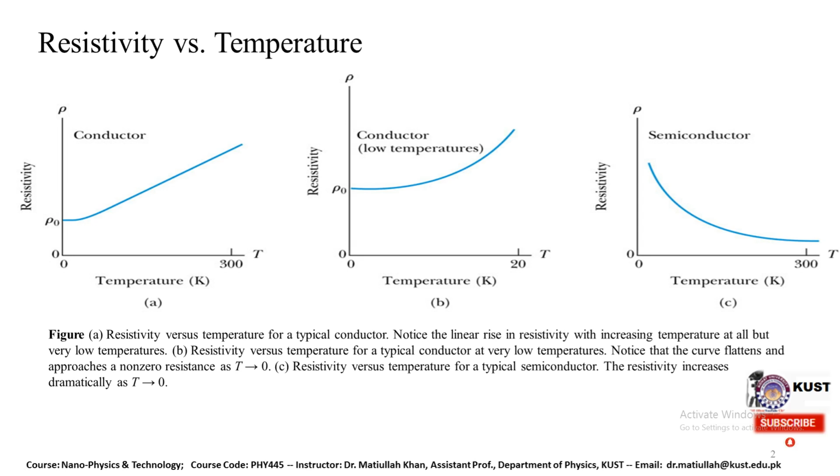With increasing temperature, the resistivity of a semiconductor decreases, and with decreasing temperature, its resistivity increases. This is the typical behavior of semiconductor material.